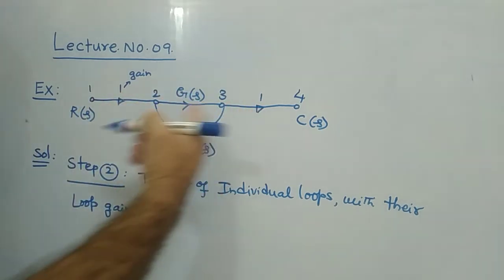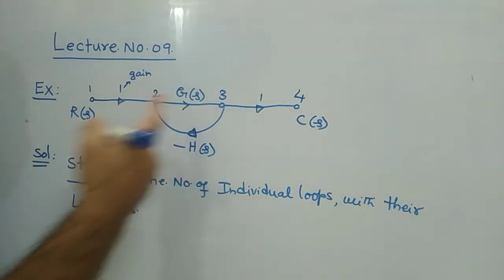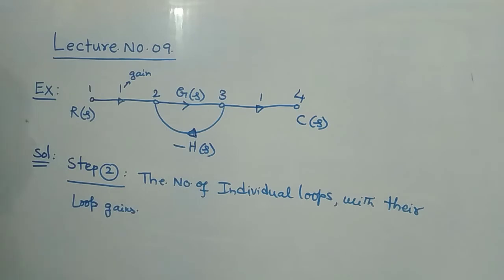Therefore, for this given example, you have one individual loop. The number of individual loops, you have to write, is only one.